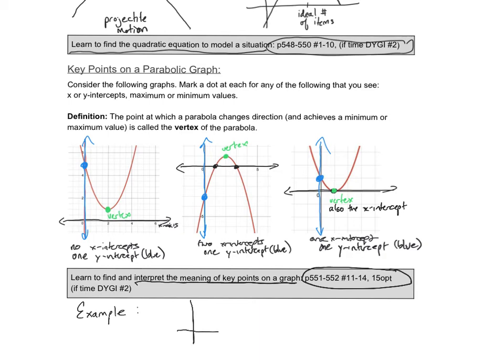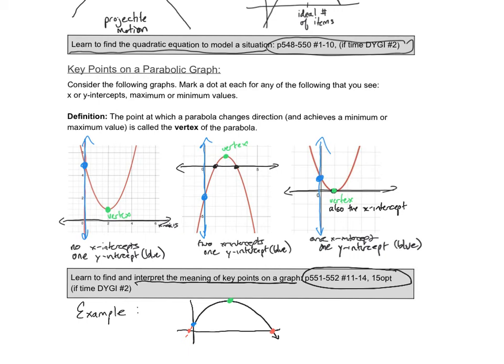So if I have a graph that represents projectile motion, then if I want to label the y-intercept, it would be right here. The vertex would be this point up here, and the x-intercept would be this point here. There would also be an x-intercept back here if we extended the function.